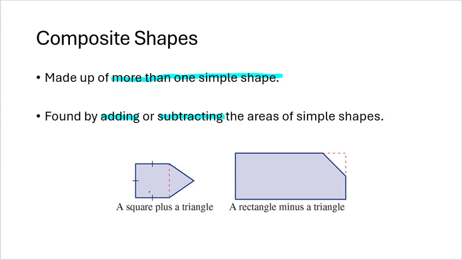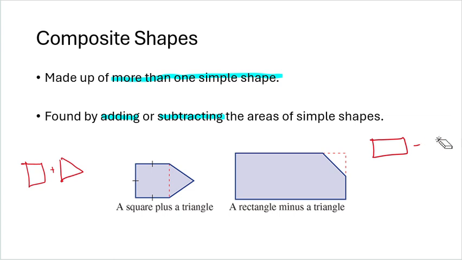In my first example, I got a square and a triangle. If I were to draw these two separately, as you can see, they just combine together. So it just becomes that weird shape, whatever the diagram is that they've got there. Now, in my second example, I got a rectangle here, and then I got a triangle here.